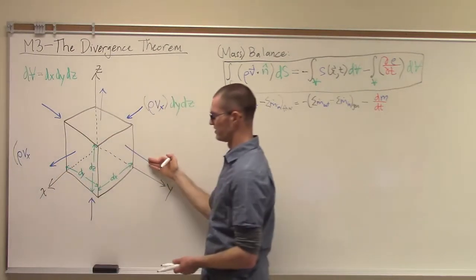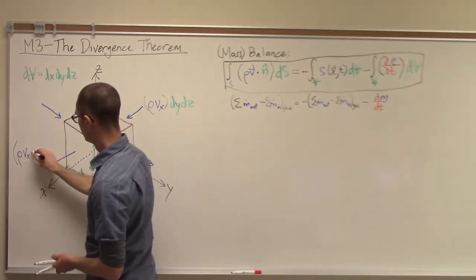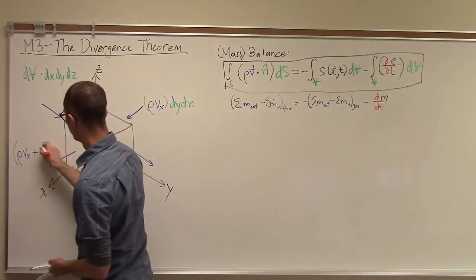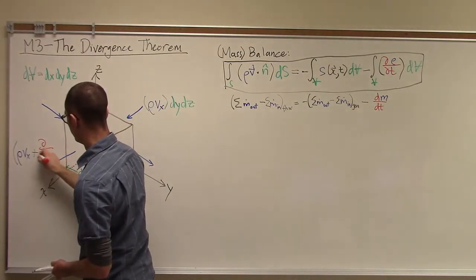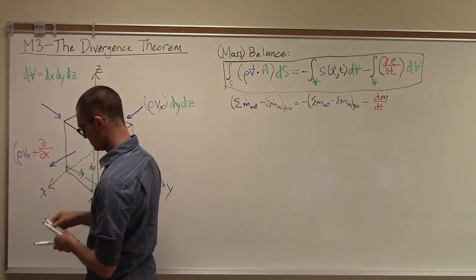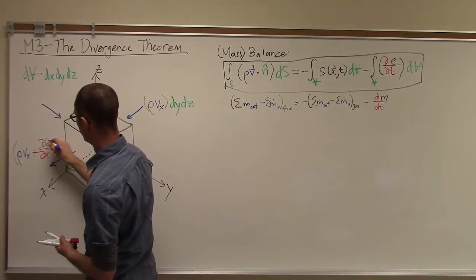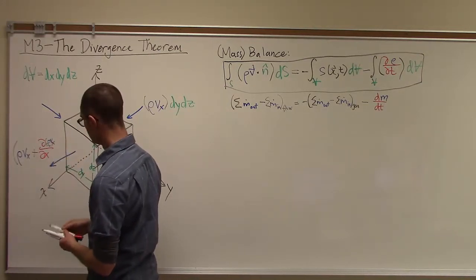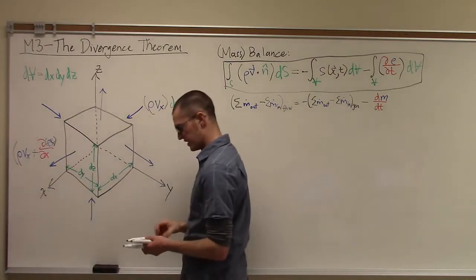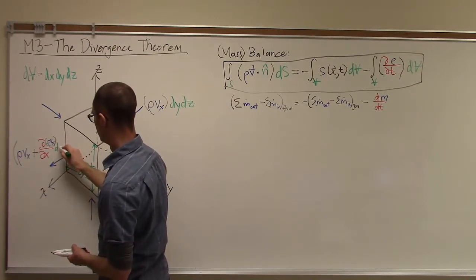So whatever it was here over at x equals 0 plus d by dx of rho vx multiplied by the distance that we moved, dx.